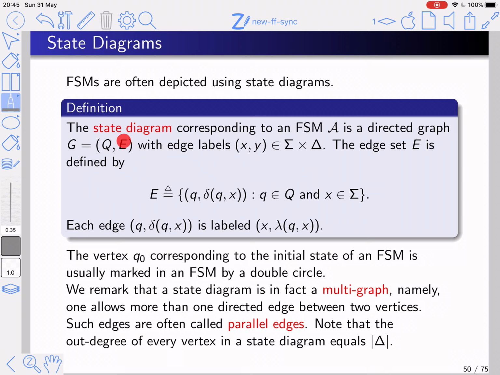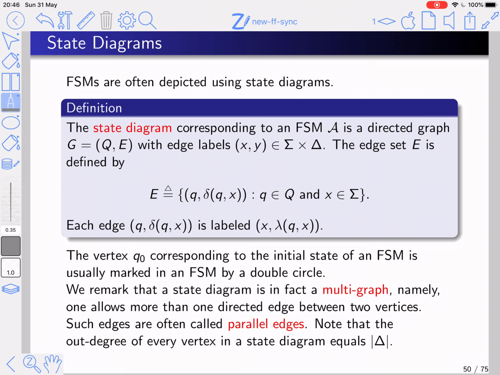The edge set of the directed graph G is defined to be all the ordered pairs q comma delta of q comma x. Q is the current state, x is the input symbol, and given a state q and an input symbol x, delta tells us what our next state is.